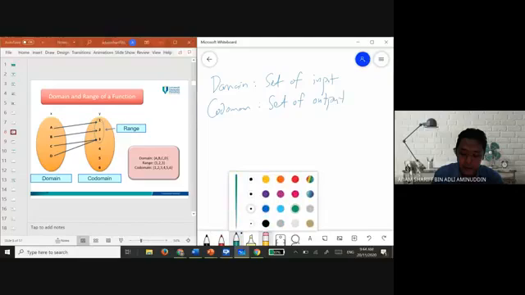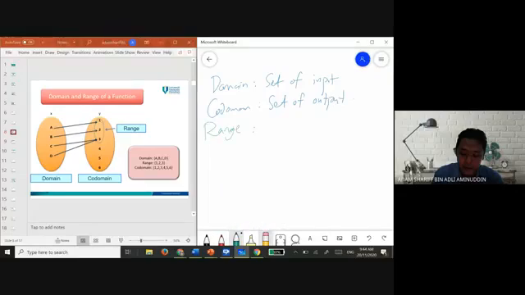However, what is actually a range? And how they relate it with a codomain? Saya namakan range ni dengan bahasa yang mudah ialah set of actual output. Dalam bahasa function kadang-kadang diguna dia sebagai image. Kalau input kita tulis pre-image.